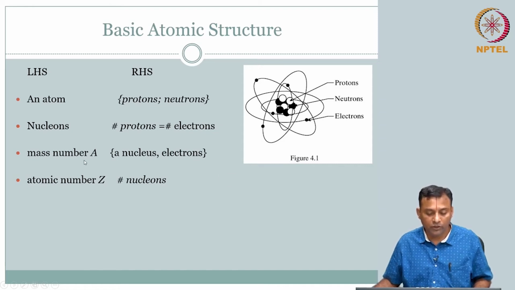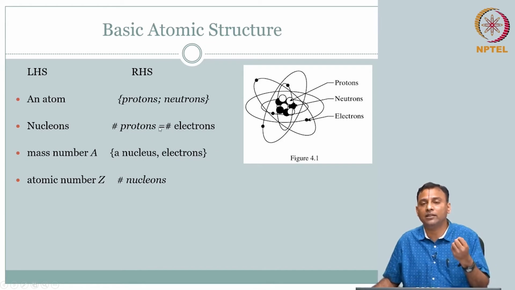So, what is your mass number? Does anything ring a bell? Oh, mass number and atomic number. Atomic number, maybe that is easier if you can recall. Atomic number corresponds to maybe the number of electrons. Turns out the number of electrons and number of protons are the same, because the atom is net neutral.